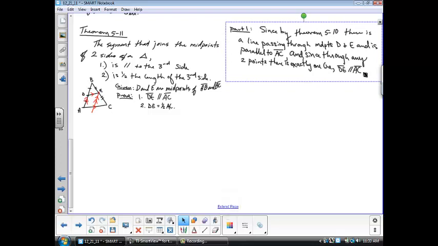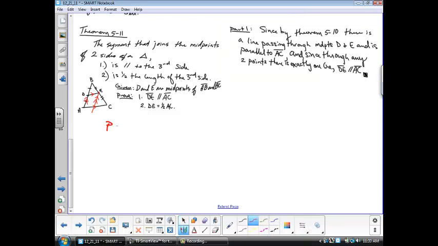Now for the proof of part two again. For the proof of part two, when we draw a line through the midpoint E that's parallel to segment AB, we're drawing a line that matches Theorem 5.10 again.